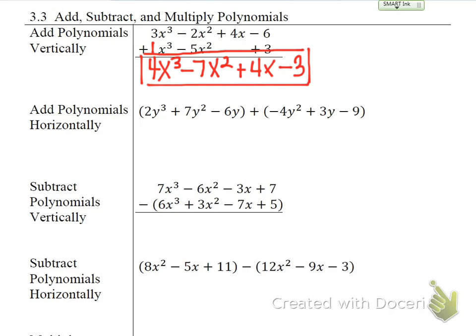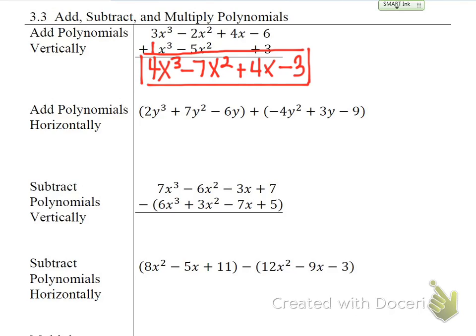You can also add polynomials horizontally and then just combine like terms like we learned about all the way back in Algebra 1. So the second example for adding is 2y to the third plus 7y squared minus 6y plus negative 4y squared plus 3y minus 9.